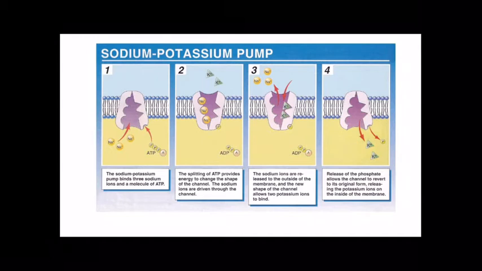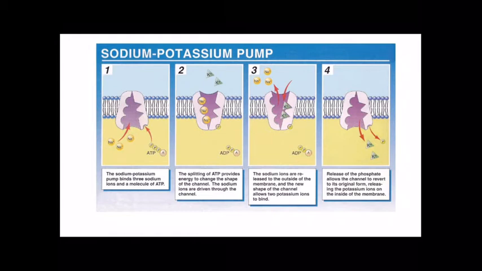So we can see each of the steps in this diagram of the sodium-potassium pump. When the pump is open to the inside of the cell, open to the cytosol, part of that transporter protein has receptor sites for 3 sodium ions.